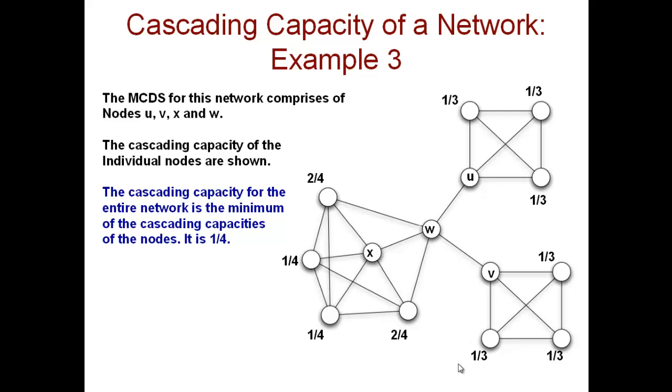But the cascading capacity is a lower bound in the sense that we could choose fewer nodes as the initial adopters and go through iterations, using a Q value that is larger than what we find from the MCDS based approach.